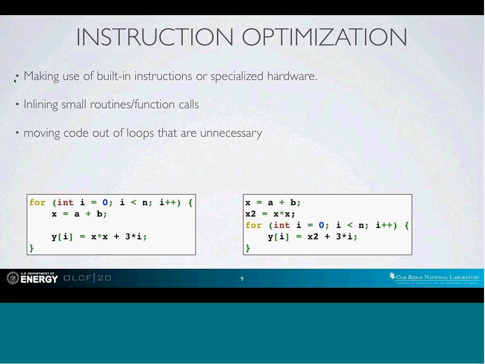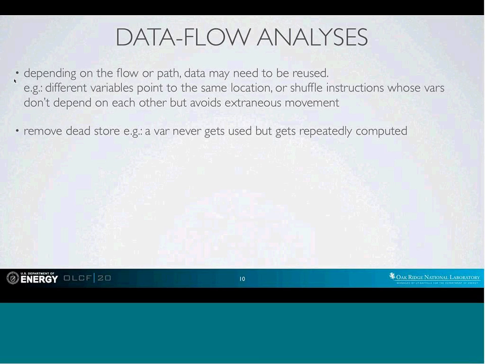And so the point of this, obviously, is to have the loop be picked up by the compiler for optimization. Flow analysis: depending on the flow or the path of the data, values may be reused. For example, you might have different variables that point to the same location.